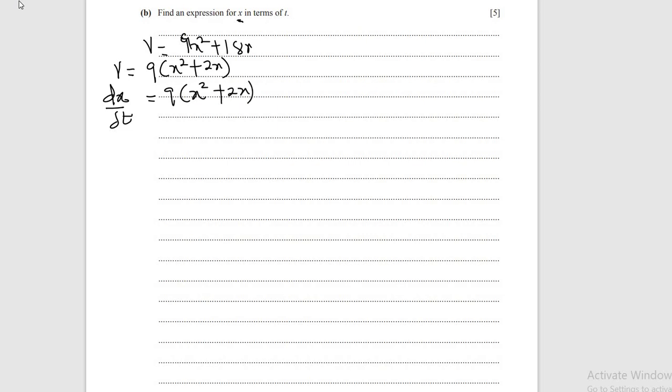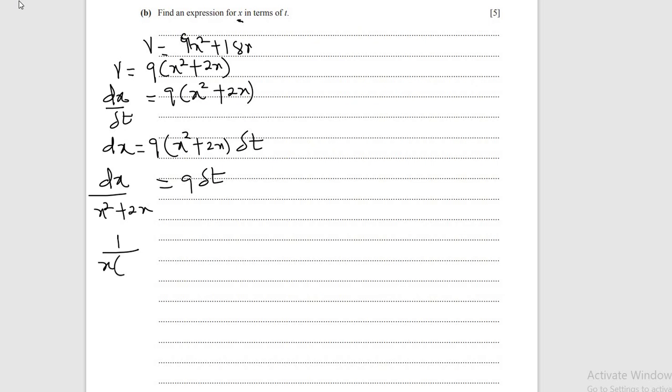So when you cross multiply, dx is 9 bracket x squared plus 2x dt. Separate the variables here. So at the end of the day, dx over x squared plus 2x equal to 9 dt, which is the same thing as 1 over x into bracket x plus 2 dx equal to 9 dt.